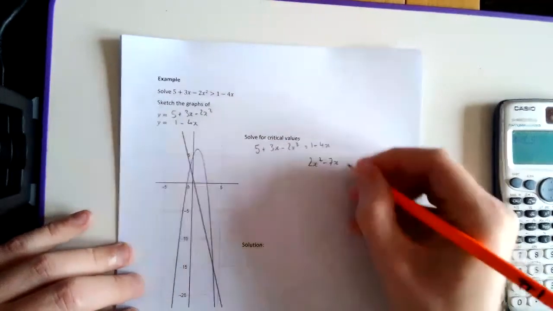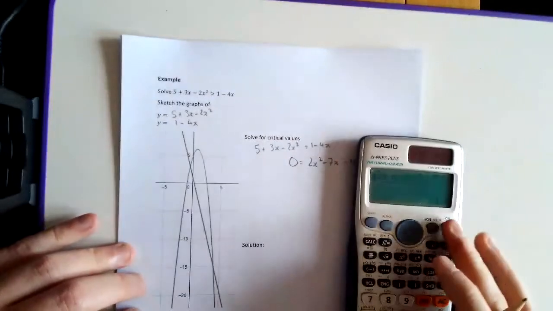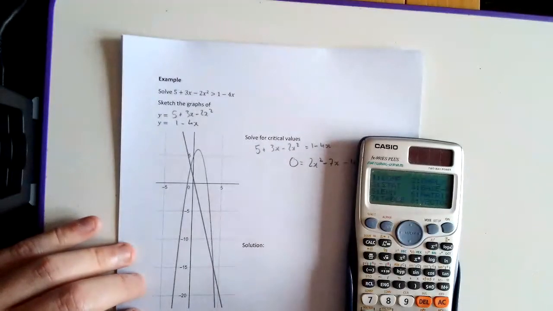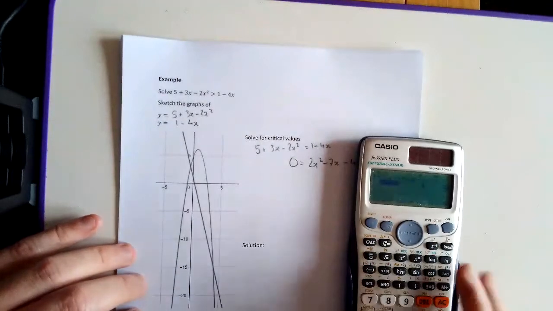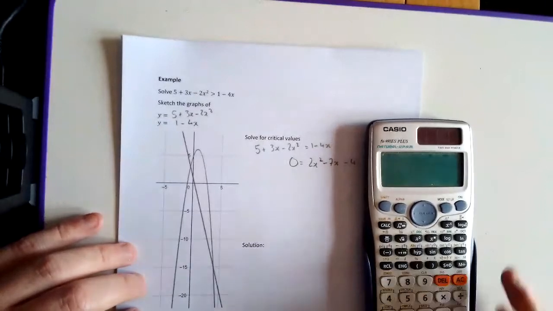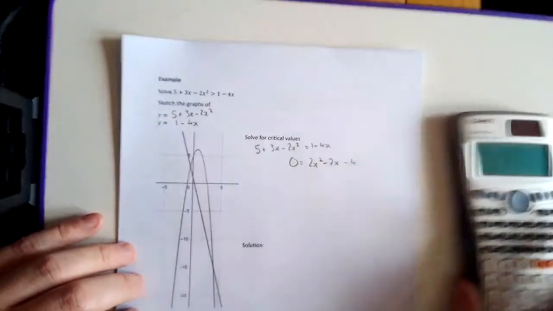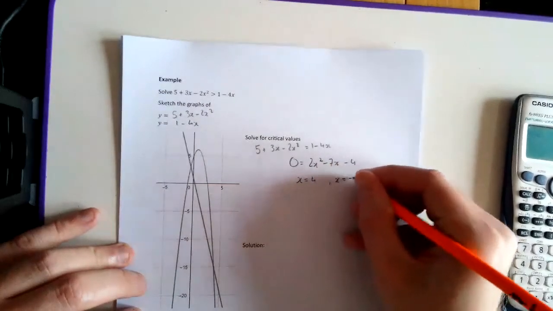I'm going to take away 5 from both sides. So that's my quadratic. It's equal to 0, so I can easily solve it. So I'll factorize, or I'm going to cheat and use a calculator. So 2, minus 7, minus 4, and we get 4 and minus a half. So x equals 4, x equals minus a half.